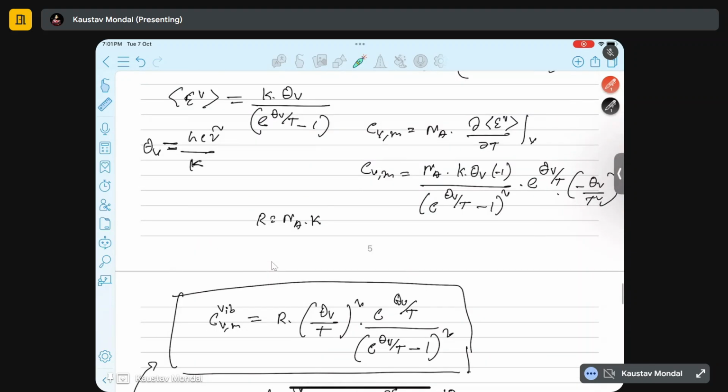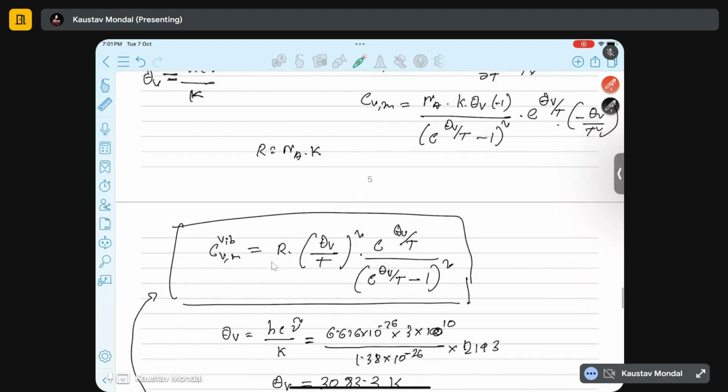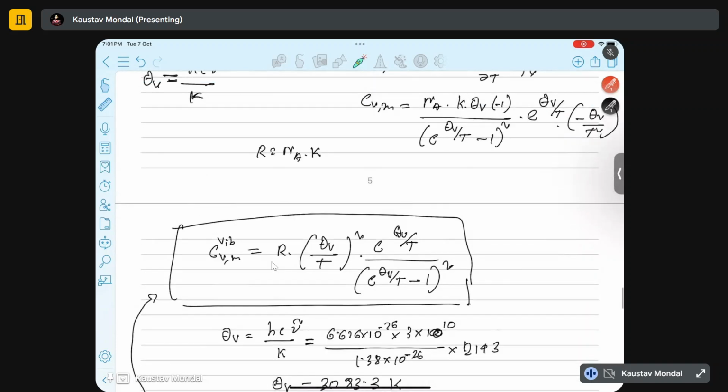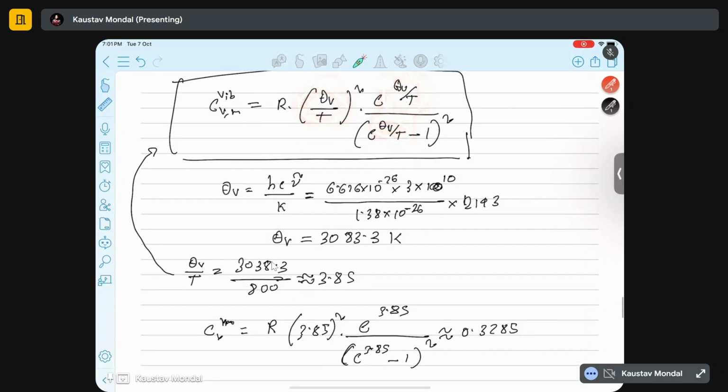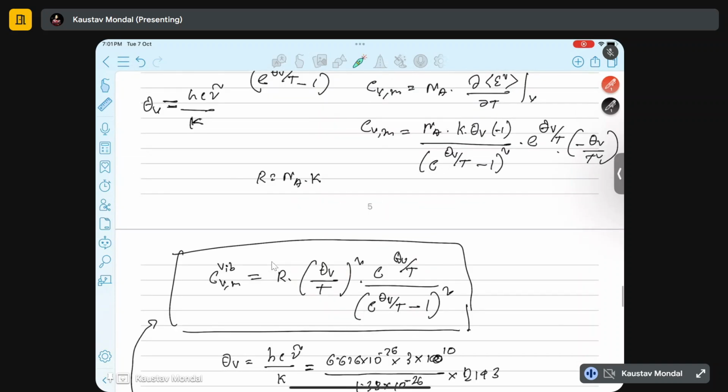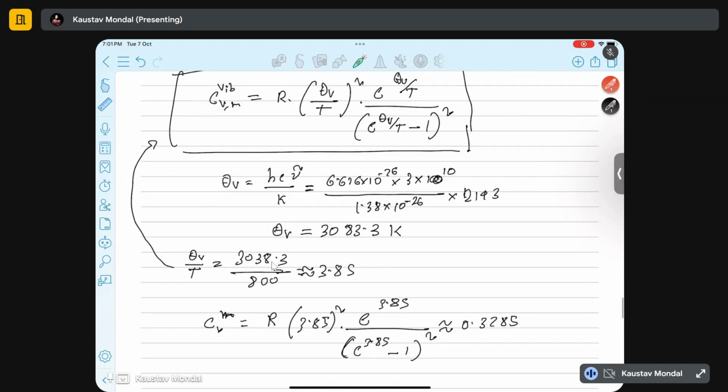Now from here, we just do some algebra and have simplified this whole thing in terms of θV by T. So θV by T basically acts as a variable here in our equation. In the problem everything is given: θV, the nu tilde, the temperature. So first we have calculated the characteristic vibrational temperature θV, that is 3083.3 Kelvin.